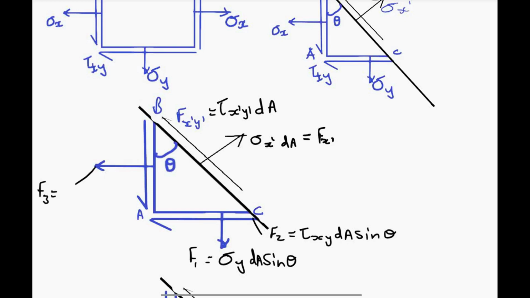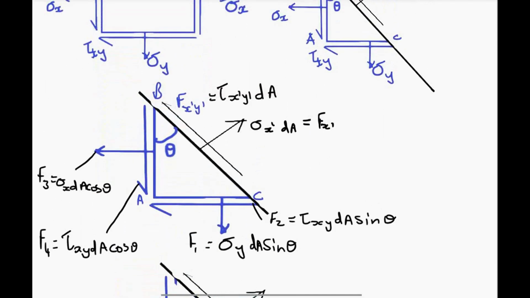F3 will be sigma x dA cos theta. And F4 will be tau xy dA cos theta.